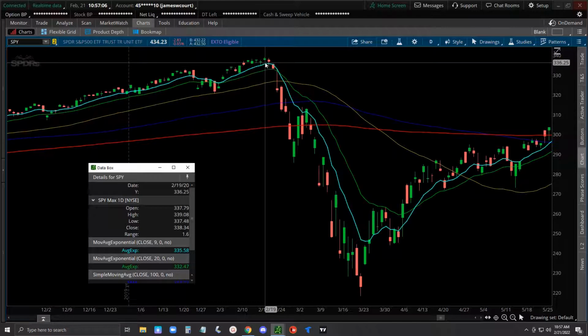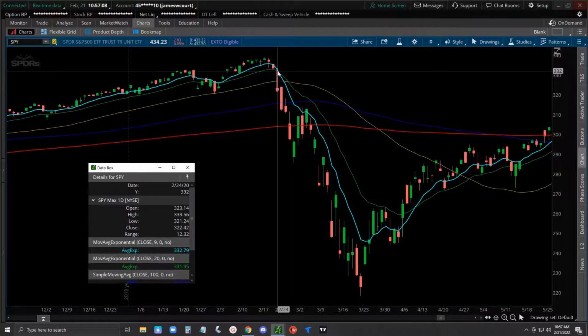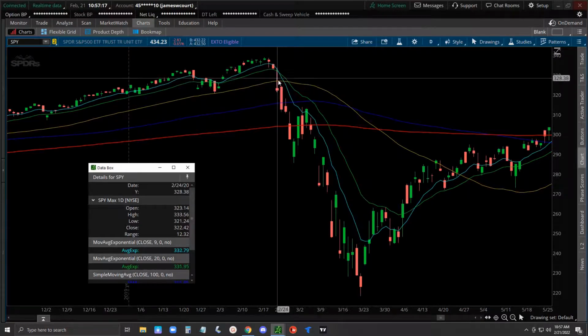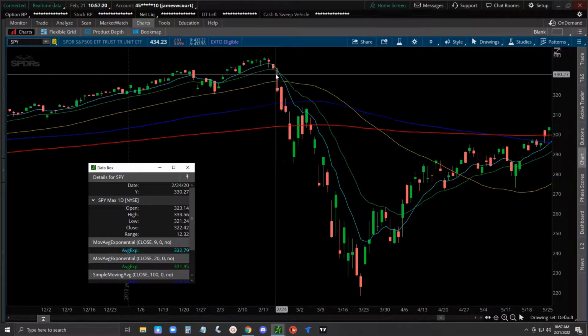And you'll see the 9-period on the very next day crosses over the 20-period and then continues where the 20 crosses over the 50 as the days go by, and the market is falling here.